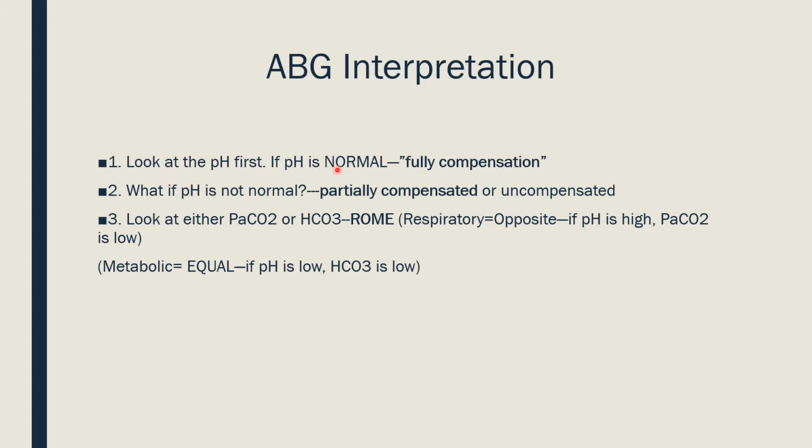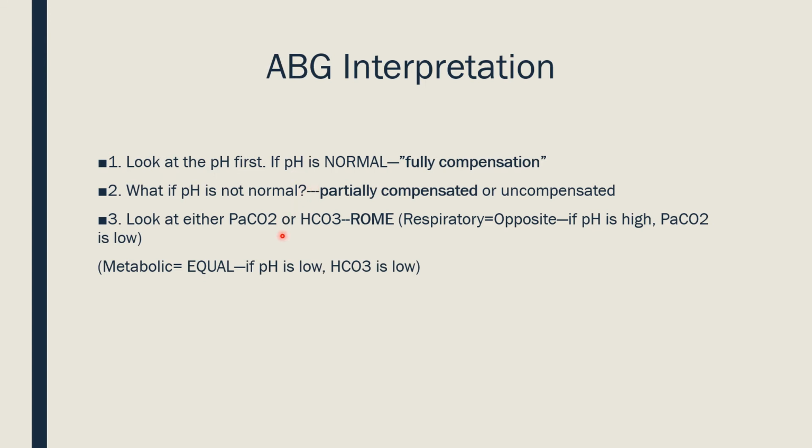Now, if the pH is not within normal range, then your finding might be either partially compensated or uncompensated. We will know the answer when we look at the PaCO2 and the bicarb.